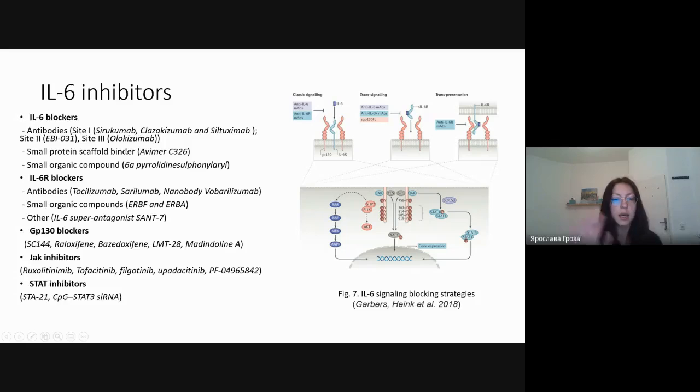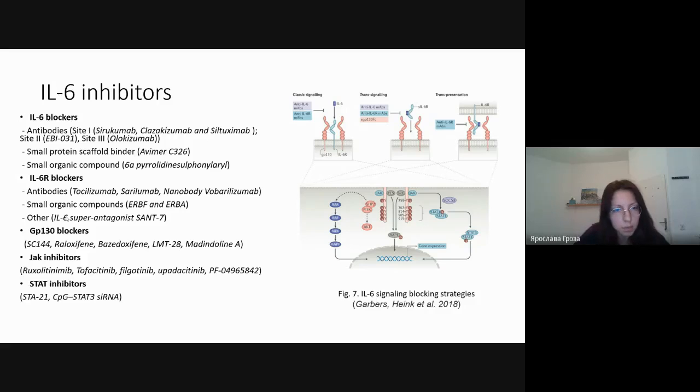of the interleukin-6 inhibitors are antibodies, which are great molecules, but they have their own limitations. Also there are some small organic compounds, and there is one interesting binder, which is the interleukin-6 super antagonist, which is the interleukin-6 molecule that is mutated in such a way that it can bind a receptor, but it's not able to transduce signal.